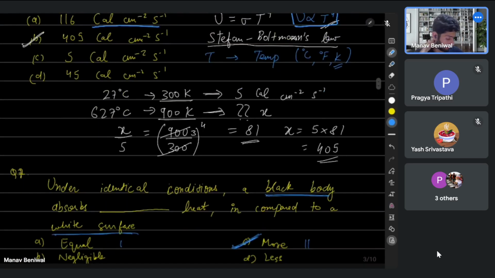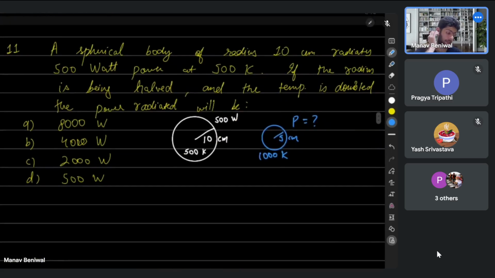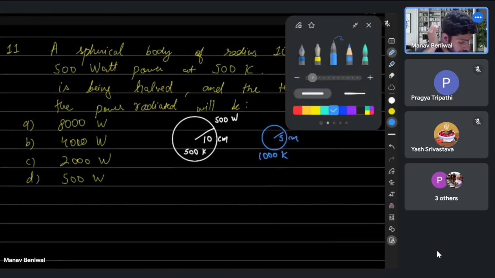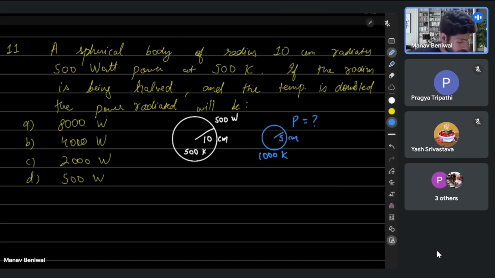Okay, so let me come back here. We had u proportional to T to the power 4, and the dimensions of u are energy divided by area divided by time, and this is proportional to T to the power 4.